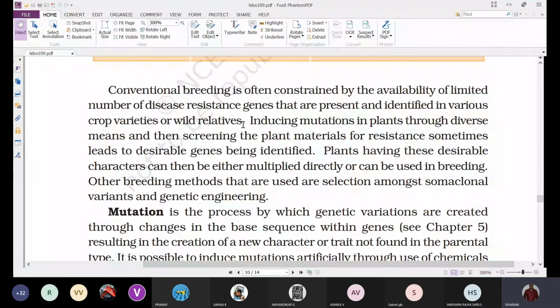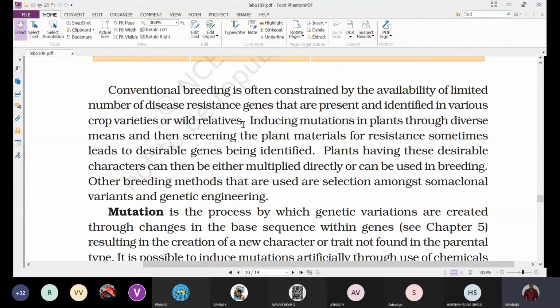Here also the chance of occurrence of disease resistance is very low, because every time we cannot say that the mutation will lead to useful results; sometimes it may give rise to harmful or not useful results.